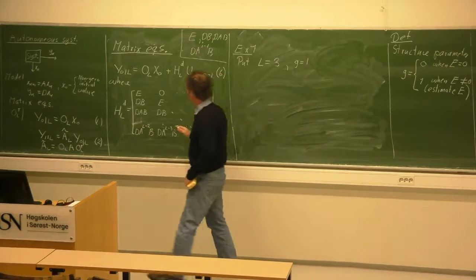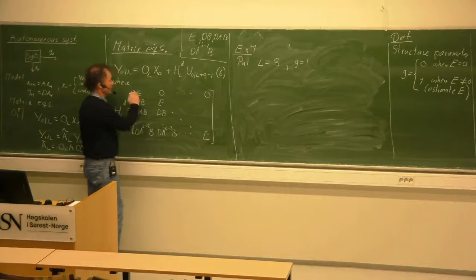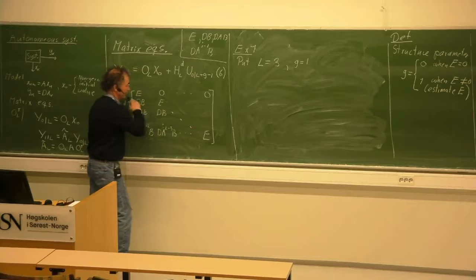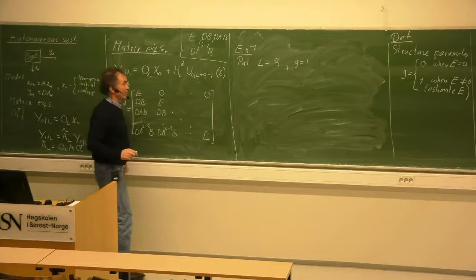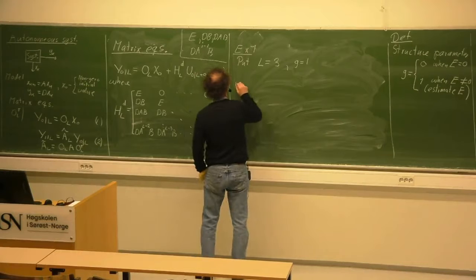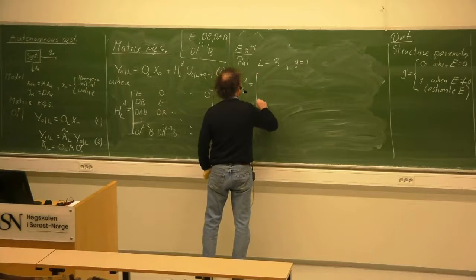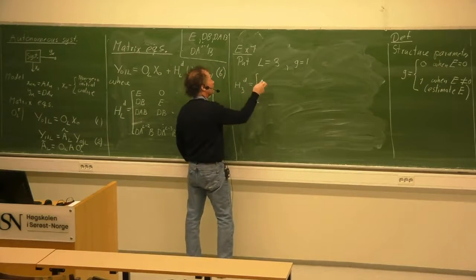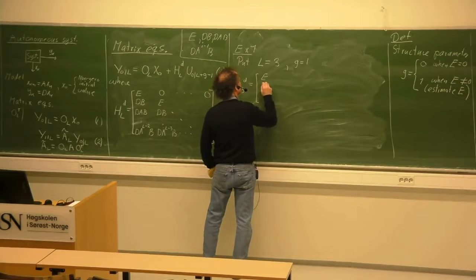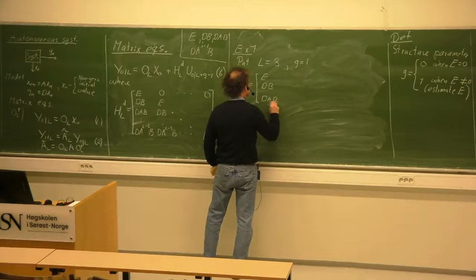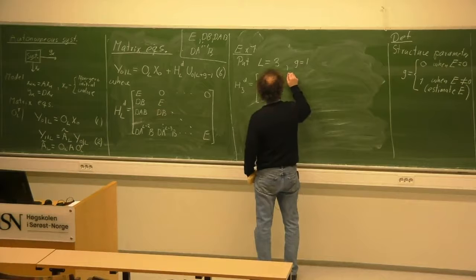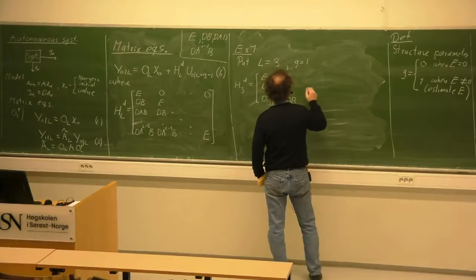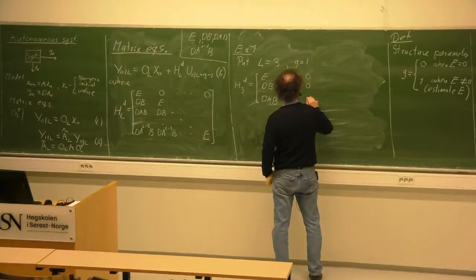A Toeplitz matrix has this special structure: the diagonals are the same. So then I will define H_3^d. And we have 3 block rows: E, DB, and DA times B. And 0, E, DB. And in the third row, 0, 0, E.